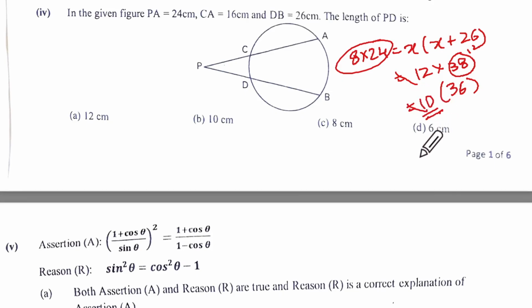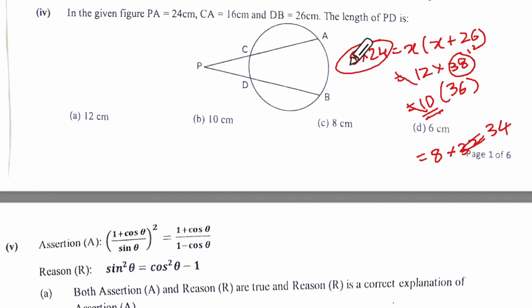So not this. Then I can have 8 multiplied by 8 and 26 is 34.